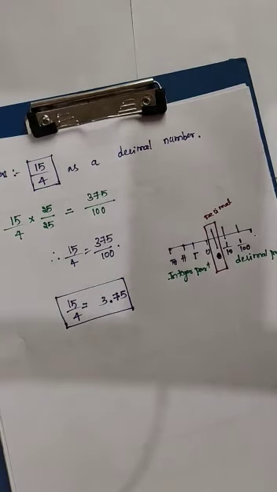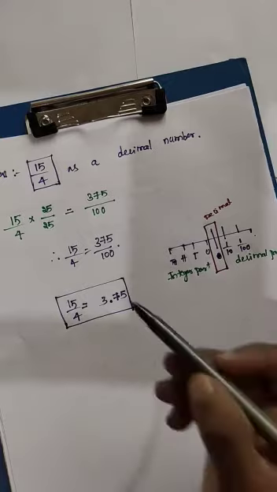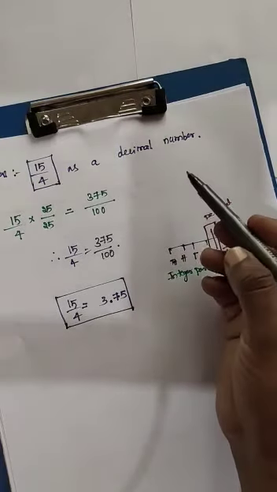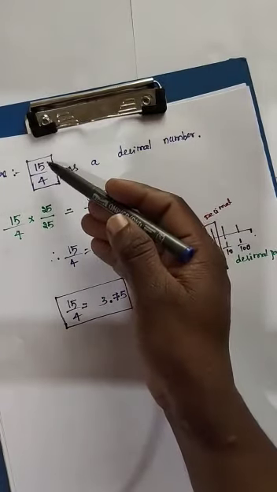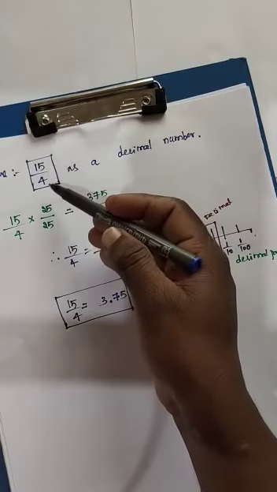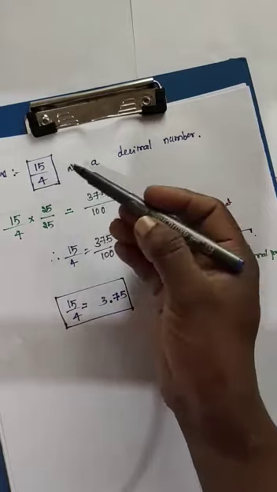Okay, I will repeat this again. Express 15 by 4 as a decimal number. Here the denominator is 4 and the numerator is 15. 4 is the divisor and 15 is the dividend, right?